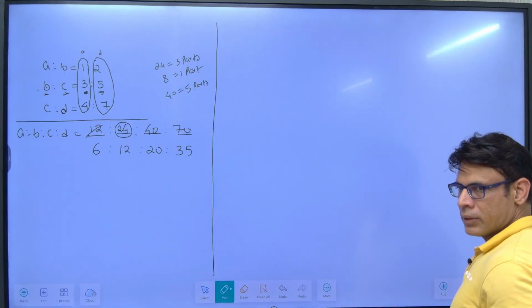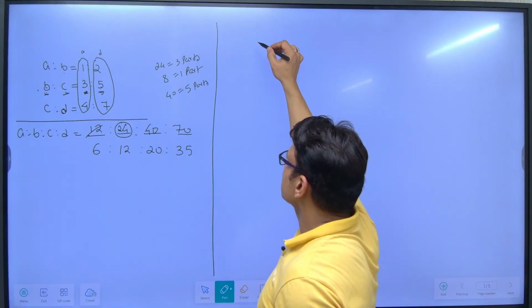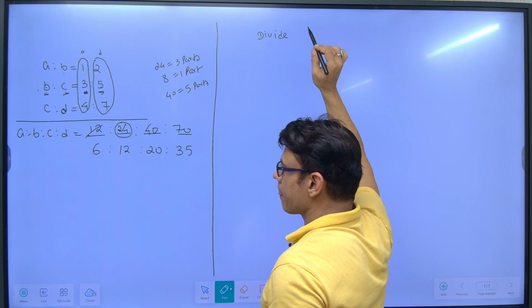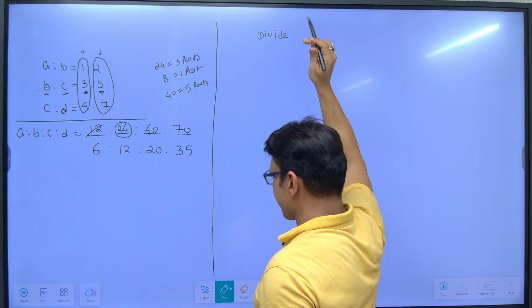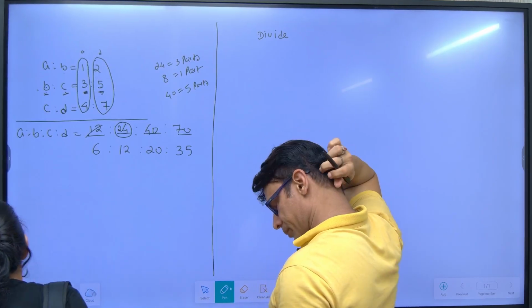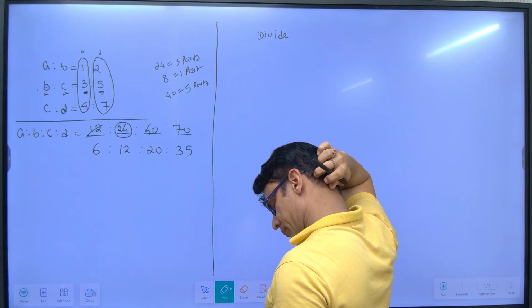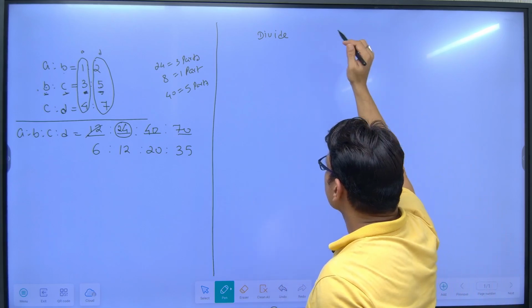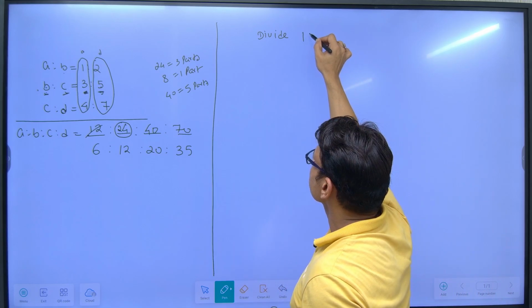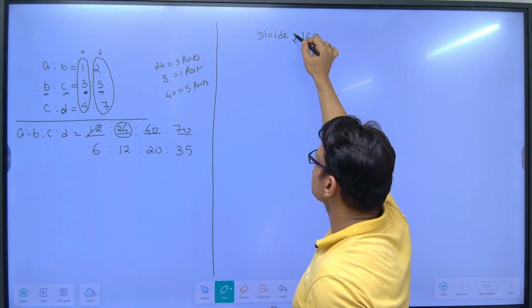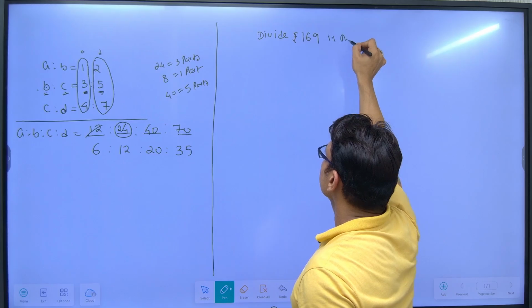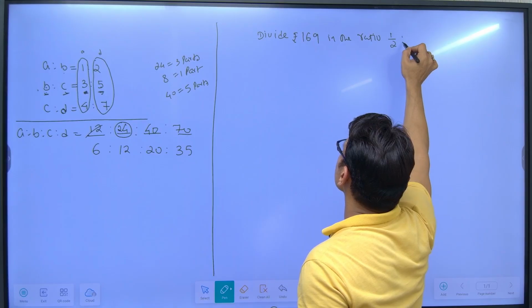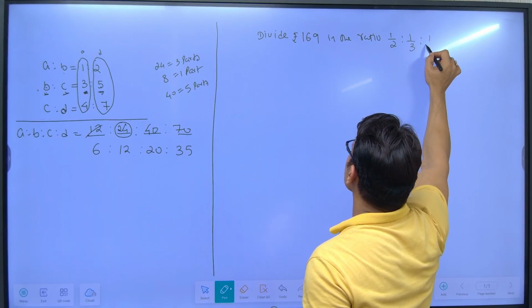See, I say divide, let's say, 169 rupees in the ratio 1 by 2 is to 1 by 3 is to 1 by 4.